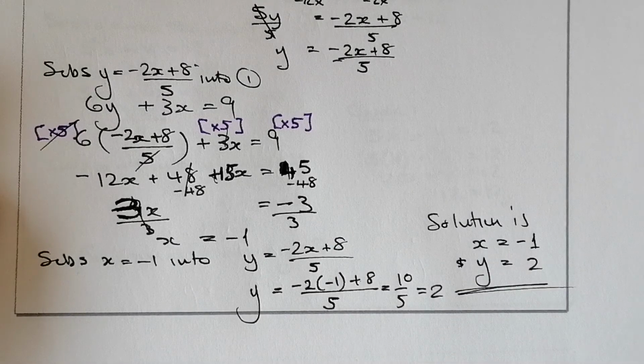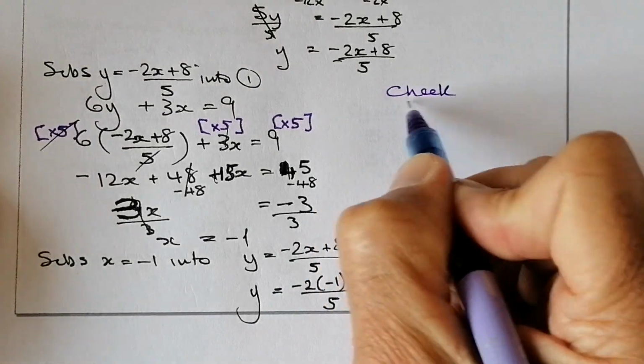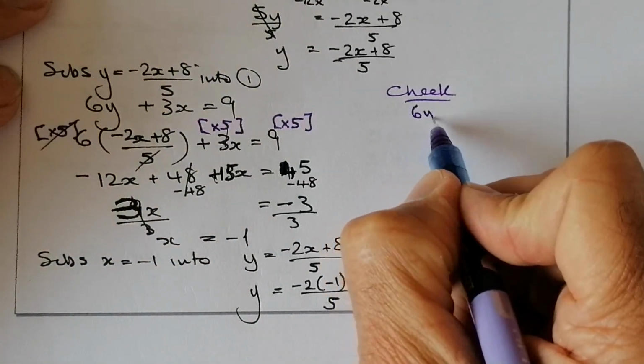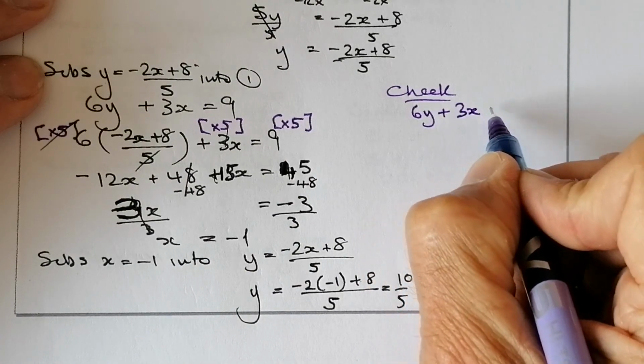Okay, I'm just going to do a double check on that just to make sure that that's correct. So the check that I'm going to do is I'm going to be substituting the x and y values into the other equation, the one I didn't use to work out what y was equal to. So there we go.